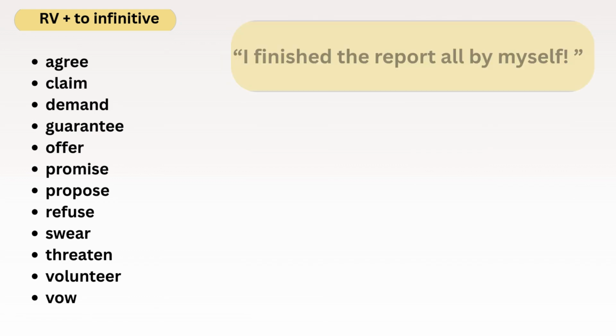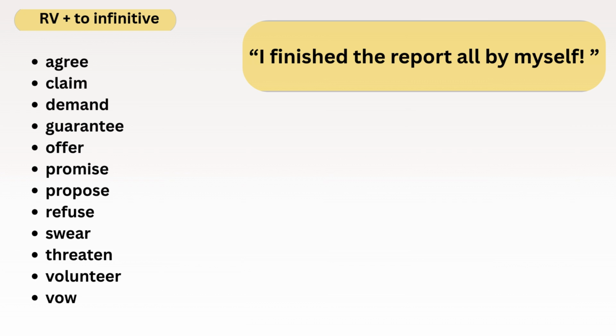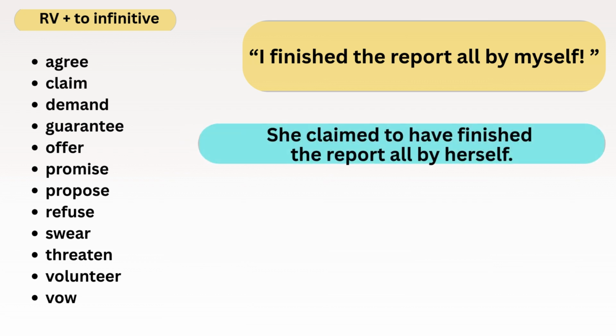Let me show you a few examples. I finished the report all by myself. She claimed to have finished the report all by herself. You can use here the pattern claim plus infinitive, and here in this case it's perfect infinitive, yes, to show that it happened before she claimed it.